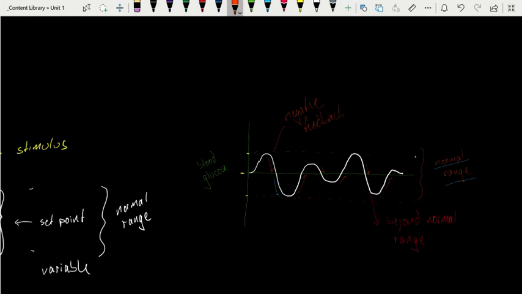Going beyond normal range, this now becomes what we call positive feedback. And simply put, positive feedback either has to be fixed or you're going to die. It's not something that can be prolonged. Positive feedback isn't very common. There are some instances where it happens naturally in the body.